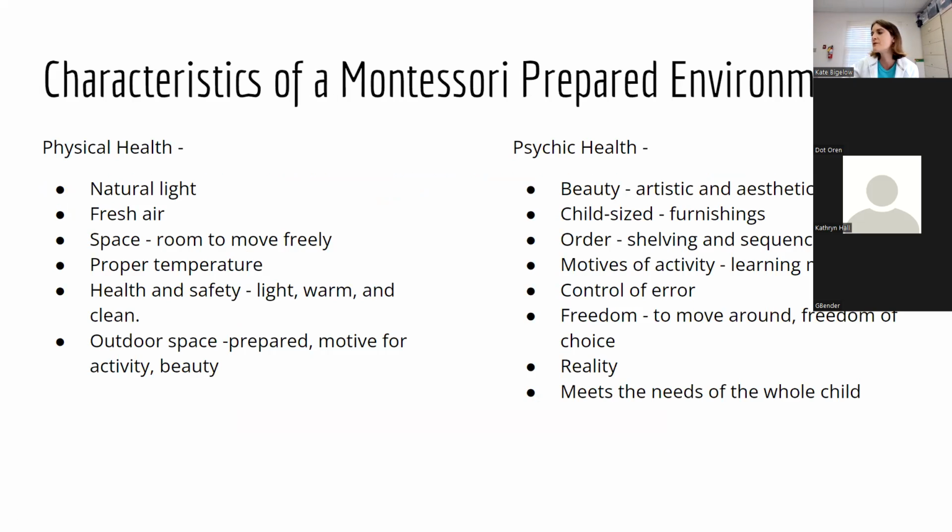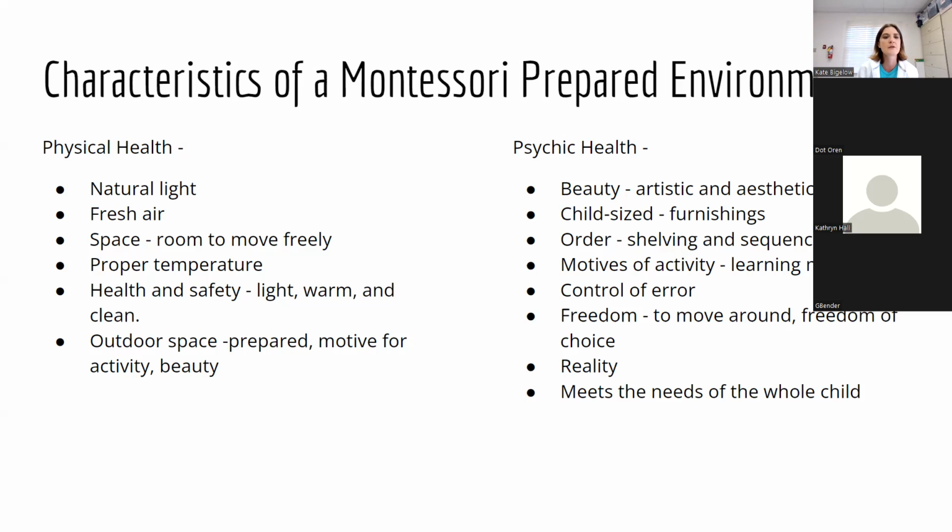So we are looking very closely at fresh air and natural light. We want to make sure that the children have access to a bathroom and a water source. A lot of the activities and lessons we present in a Montessori prepared environment do need access to water, so making sure that the children have a bathroom and a water source readily available.